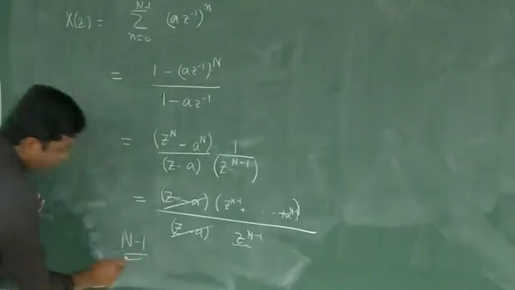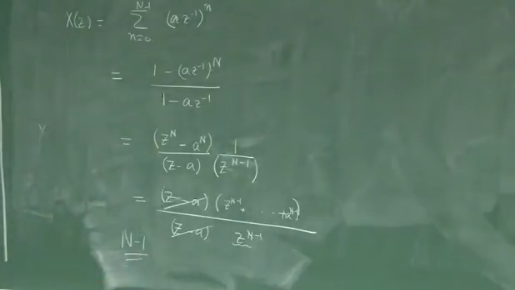And what was one of the other things we said in class yesterday? Can the ROC contain a pole? No, right? From the very definition of the region of convergence. At a pole the summation is infinite. So in this case, what is it telling us? Apart from 0, everything else is our ROC, correct?